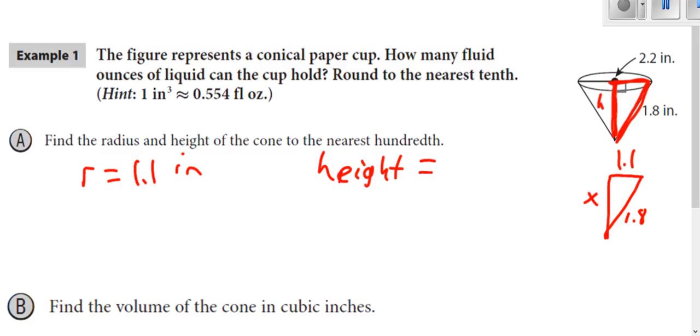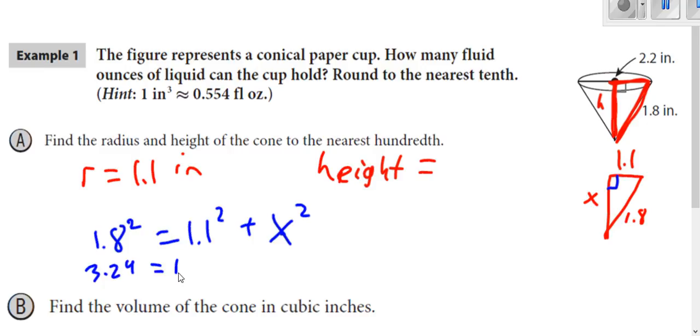So, Pythagorean theorem. 1.8 squared equals 1.1 squared plus x squared or h squared, whatever letter you want there, whatever variable. So that's 3.24 equals 1.21 plus x squared.